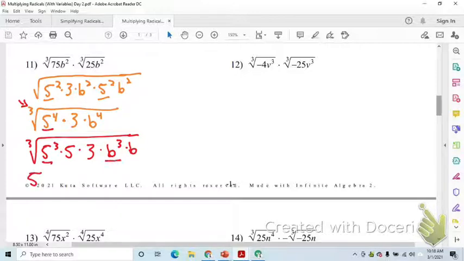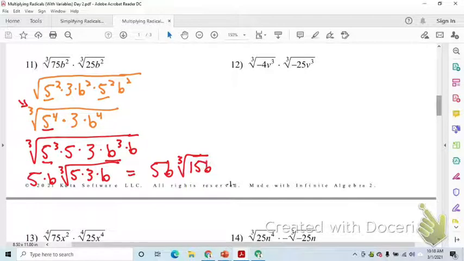The third root of b to the 3rd is b. I can take that out. What am I left with inside here? I'm left with a 5 times 3 times b. So my final answer is going to be 5b with the third root of 15b inside. That's how that works. Okay.